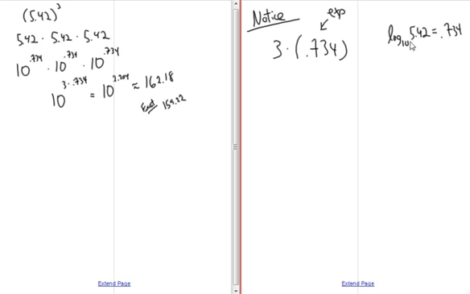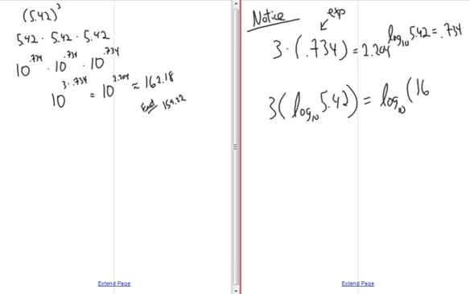So instead of writing 0.734, we could put log base 10 of 5.42 inside these parentheses. So 3 times the log of that number was equal to the exponent that we got for the answer. And instead of writing the answer, I could put the exponent right up here. That exponent was 2.204.